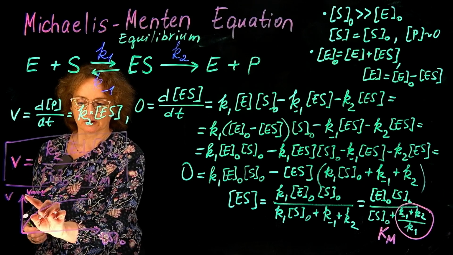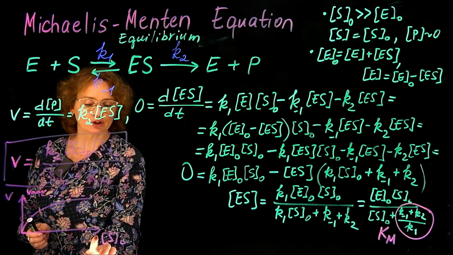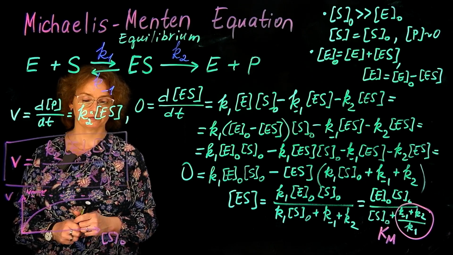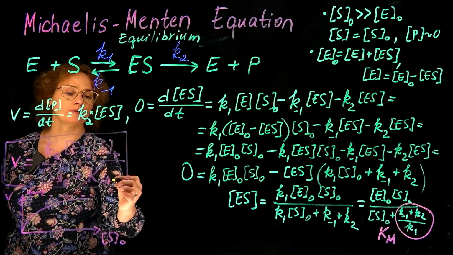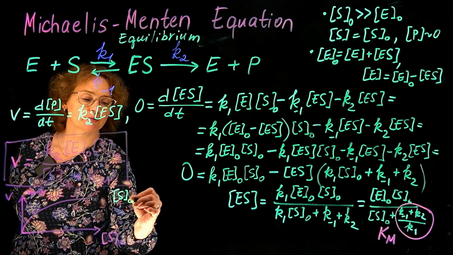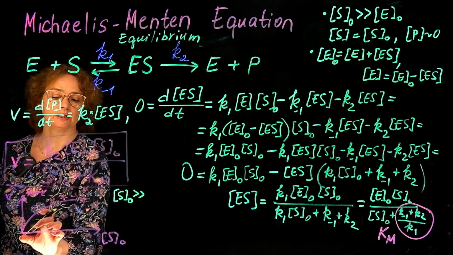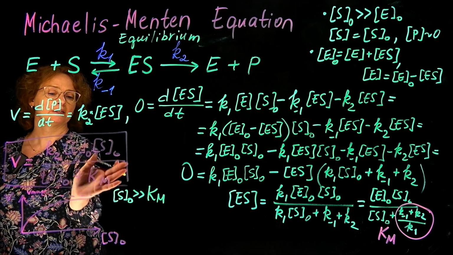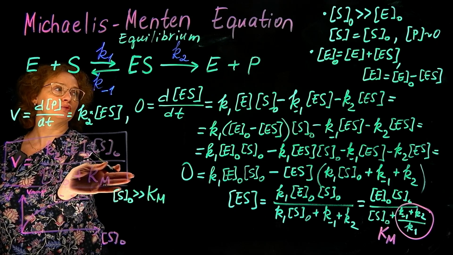Actually, we can explain it like that. Vmax is approached when we have high concentration of the substrate. So we can say that at initial substrate concentration much greater than any constant here, we can remove that term.